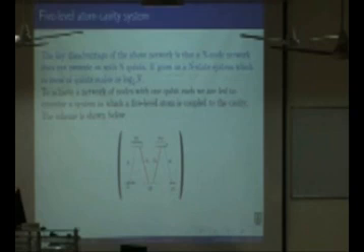Then there are 2 cavity modes of different polarizations, which couple L to EL and R to ER. And then there are 2 lasers, coupling the middle level G to EL with omega L, and G to ER. So this is a somewhat more complicated system.